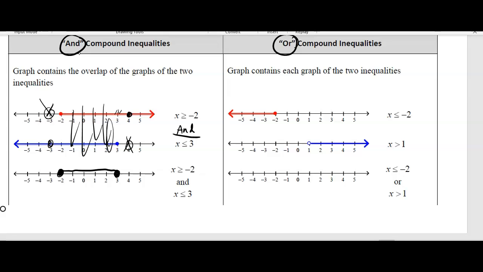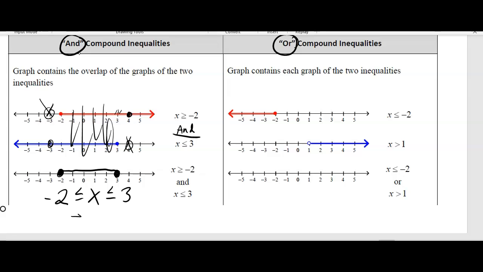So we can test this out here, or actually we're not going to test it out, we already kind of did here. We can write this as a compound inequality. Okay, whenever you have an and, here's how you do it. You always start with your smallest number. -2 is going to be less than or equal to x, and that's going to be less than or equal to 3.